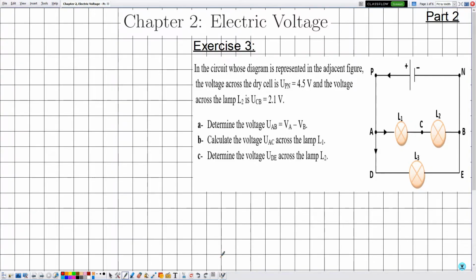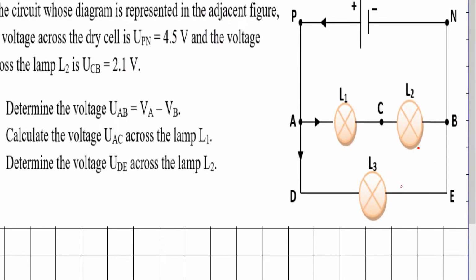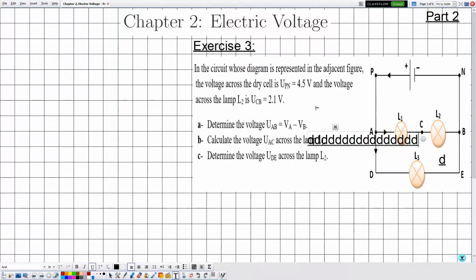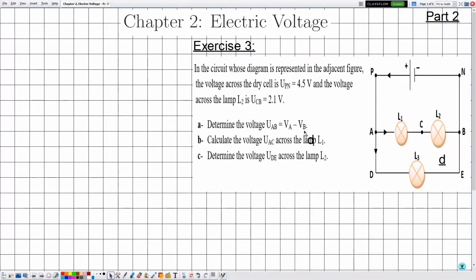In the circuit whose diagram is represented in the adjacent figure, they are telling me the voltage across the dry cell, UPN, is equal to 4.5 volts.